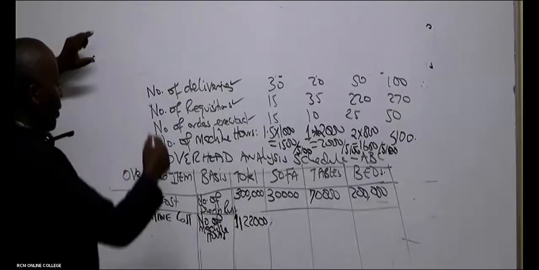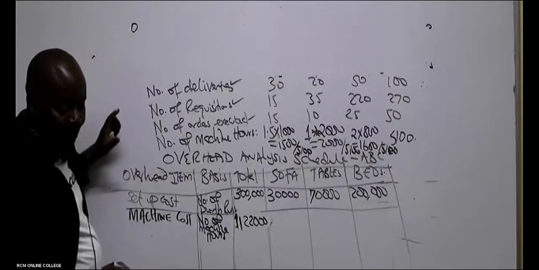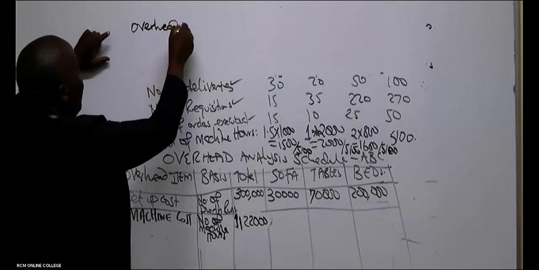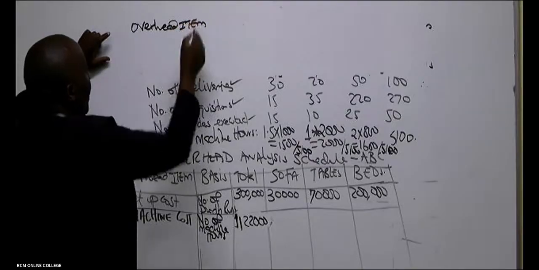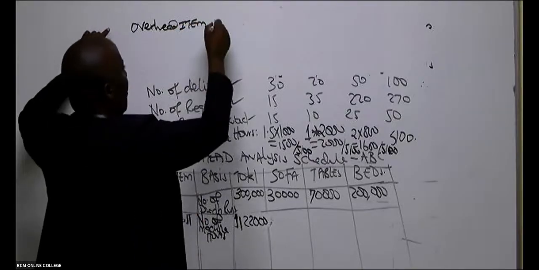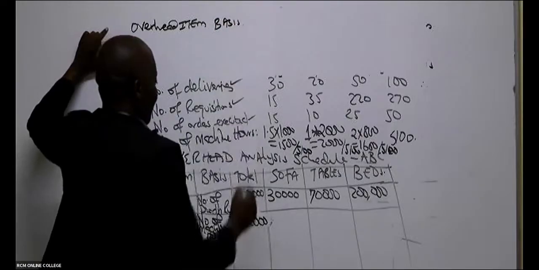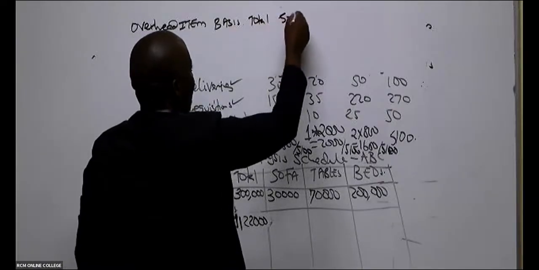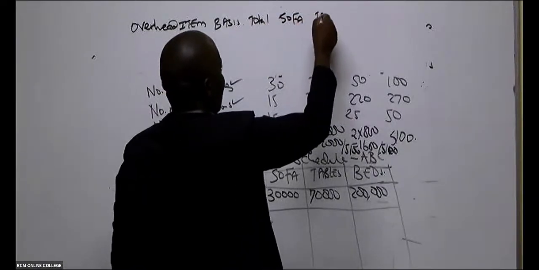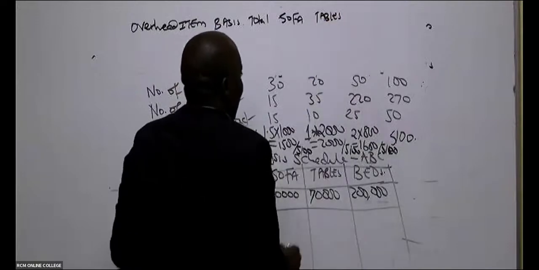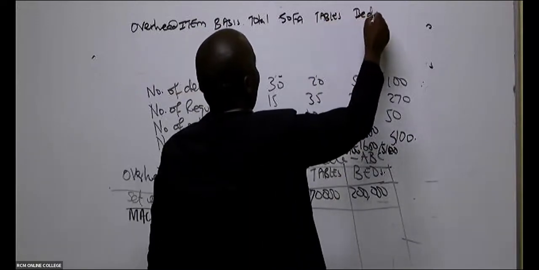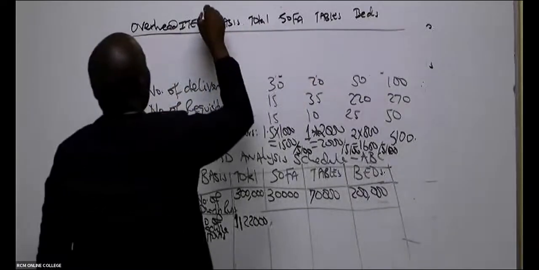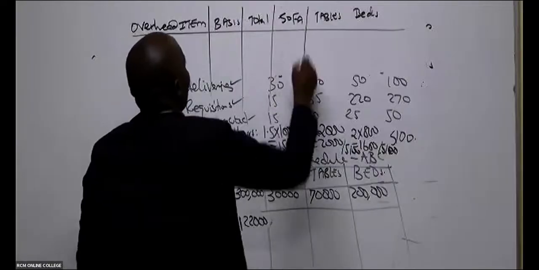Great. So we have here overhead item, basis, total. We have sofa, tables, beds.